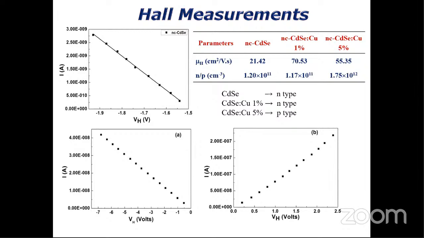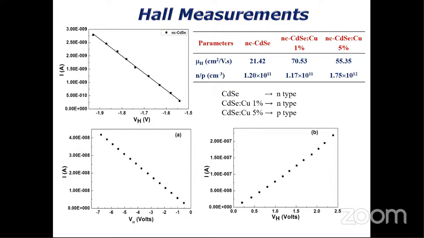Suppose we are going to make a PN junction or something, that is the simplest device. So you must know whether P type of material is there, whether N type of material is there. So we can see from here that cadmium selenide, which is undoped, is having N type conductivity charge carriers. We have doped with 1%, in that case also it is N type.